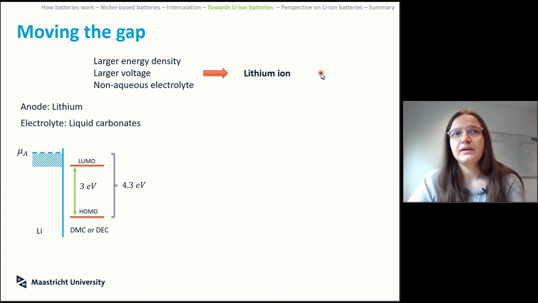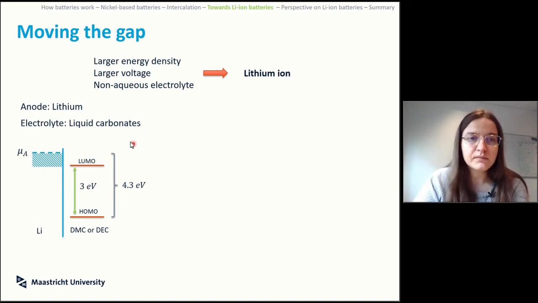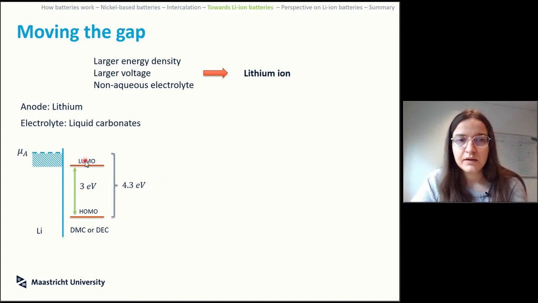So the lithium batteries were tested at the beginning with just a single irreversible electrode. So if you have your anode made of lithium and your electrolyte made of liquid carbonates, you have the chemical potential of the lithium, and the window in the carbonates, so lithium salts of dimethyl, diethyl carbonates, will be like 3 electron volt.